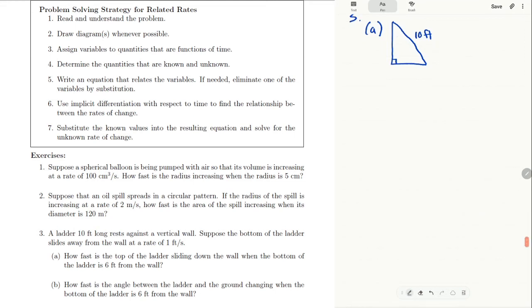So over time, the top of the ladder will slide down the wall, and it will also move away from the wall. So let's call the horizontal distance x and the vertical distance y.